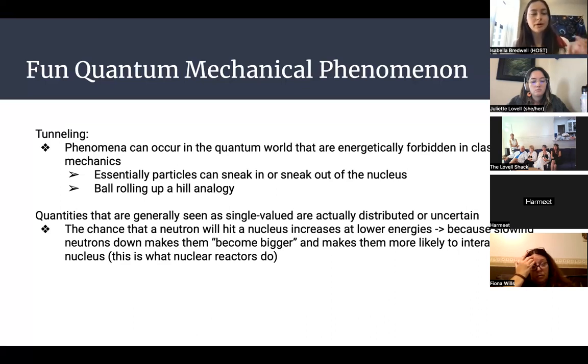You bombard a nucleus with neutrons most likely, or protons or other particles, but the chance increases at lower energies. So when you slow the neutron down relative to the nucleus, they become bigger, right? And it makes them more likely to interact. That's why in nuclear reactors we slow neutrons down so that they interact with the nucleus. And then fission happens, or that's how you would harness the energy from the nucleus breaking apart.